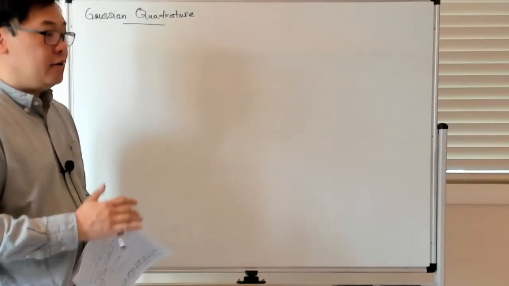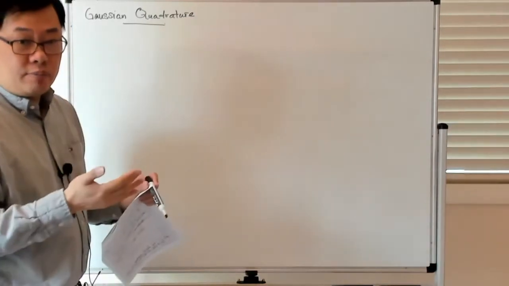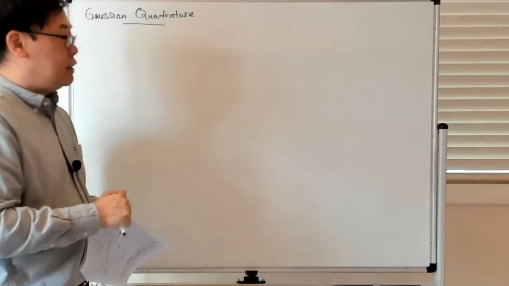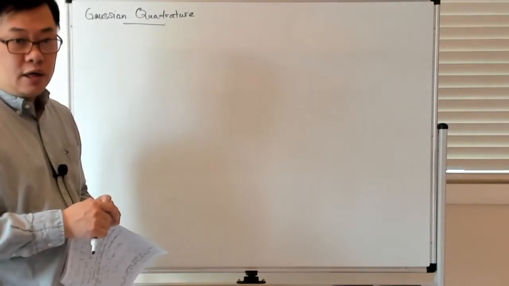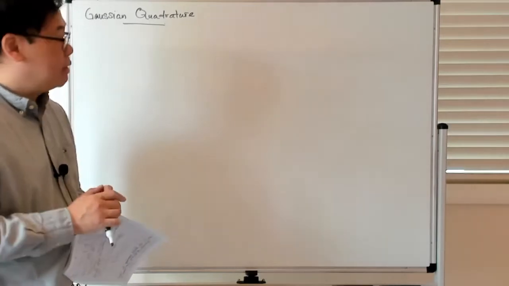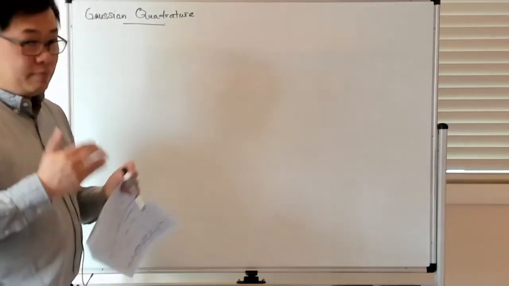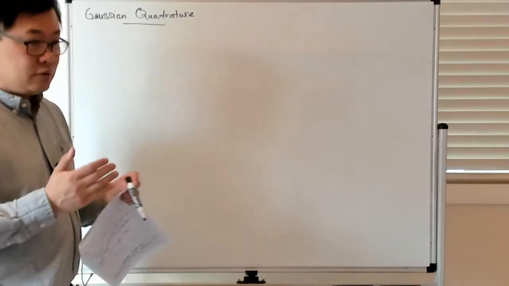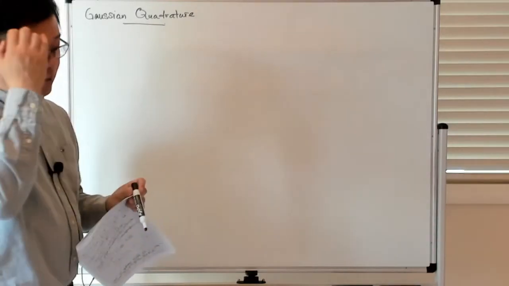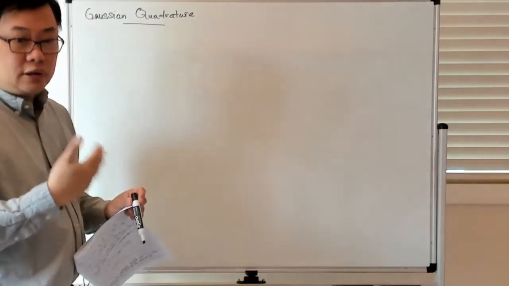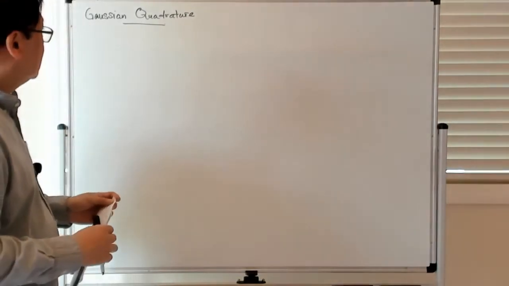And then what we found was that if you had n plus 1 points, then you would, in general, be able to exactly integrate polynomials up to degree n. That's not so surprising, because a polynomial of degree n has n plus 1 coefficients, and with n plus 1 points there are n plus 1 constraints, which allow you to determine the coefficients of the polynomial. So all that's relatively consistent.